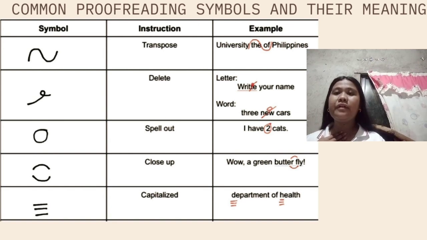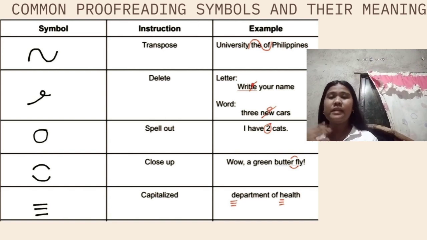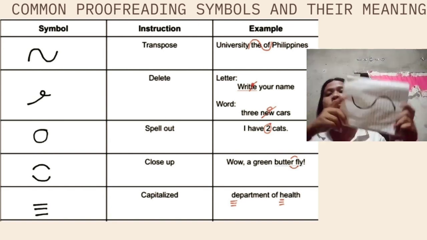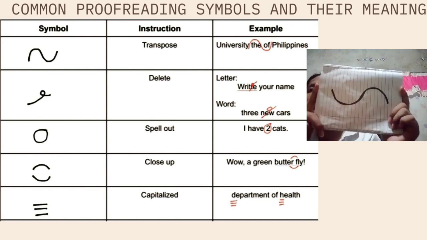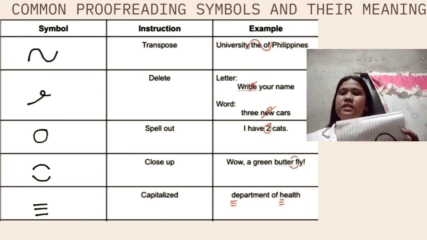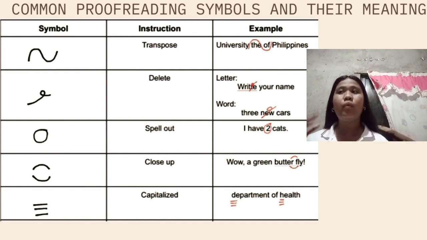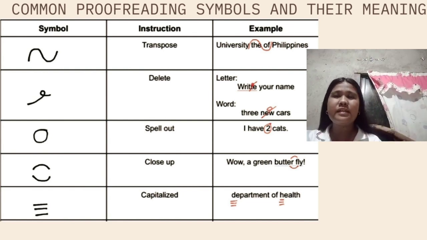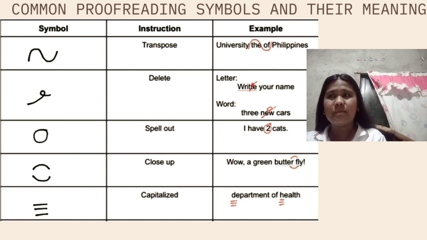Let's have first the transpose symbol, which is this one. You are going to use this if you see letters or words that are misplaced. As you can see in the first example, "University Da of Philippines."